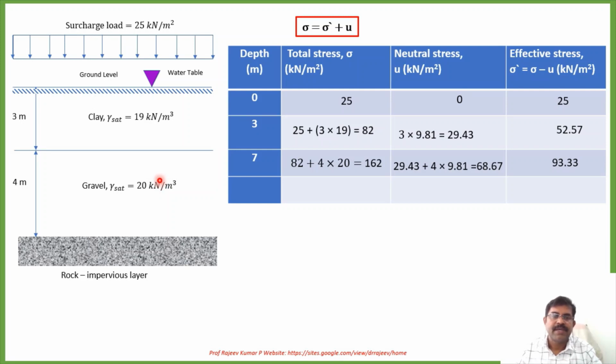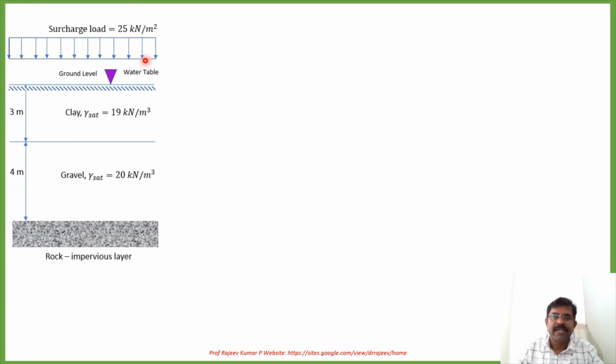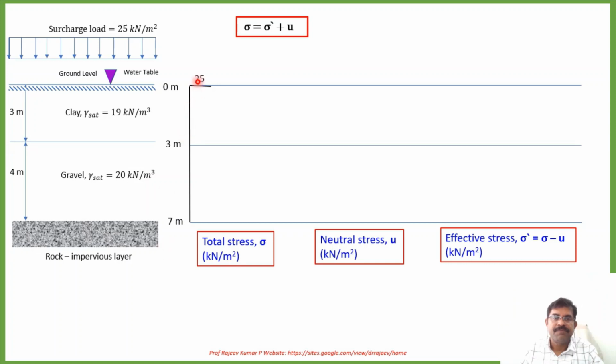Now let us see how this variation of total stress, neutral stress and effective stress looks. The soil profile is given here. 25 kN per meter square is the total stress which is acting at the ground surface due to surcharge loading.